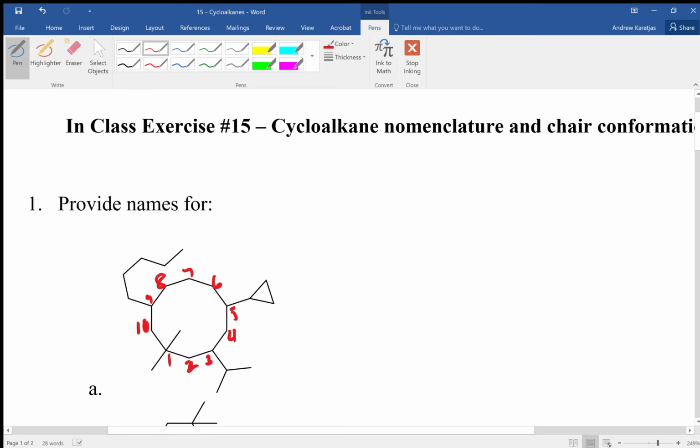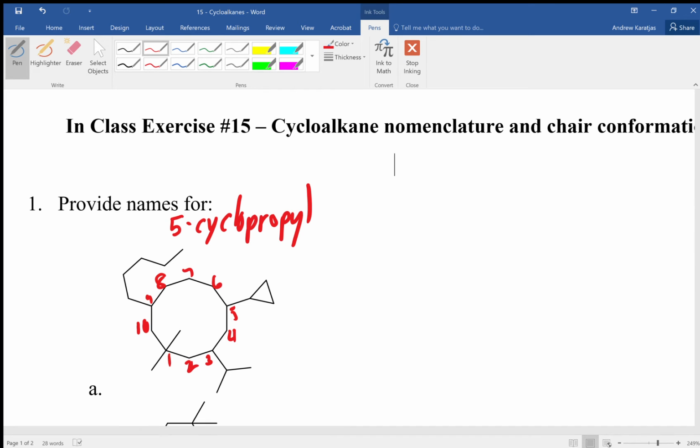And so we have a 10 carbon ring. We're going to just go through and name our substituents, starting with 5-cyclopropyl. So anytime a cycloalkane is a substituent, it's just like if an alkane was a substituent. Propane as a substituent becomes propyl. Cyclopropane as a substituent becomes cyclopropyl.